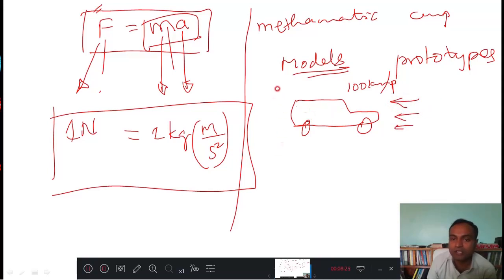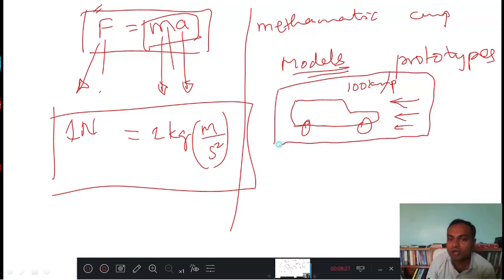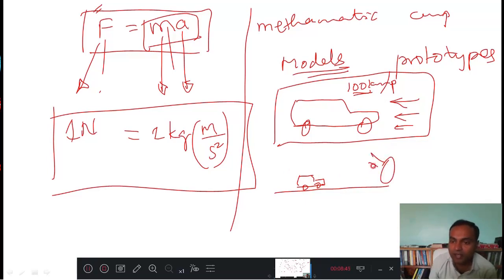I cannot make one original car, run it at 100 kmph and measure that. That is a very impossible thing. That's why I will make a small model car, and run that model car in my laboratory, with some arrangement, some fan I will put here, and wind will come from the fan.